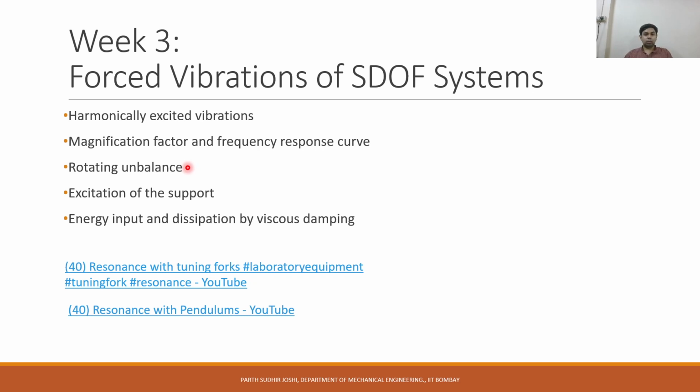unbalance. Rotating unbalance means that there is some eccentric mass present in the system, and that eccentric mass causes a sinusoidally varying force, which causes forced vibrations of the system. In some cases, it may lead to resonance. Suppose the speed of rotation matches the resonance frequency of the system, then there are chances of catastrophic damage occurring.